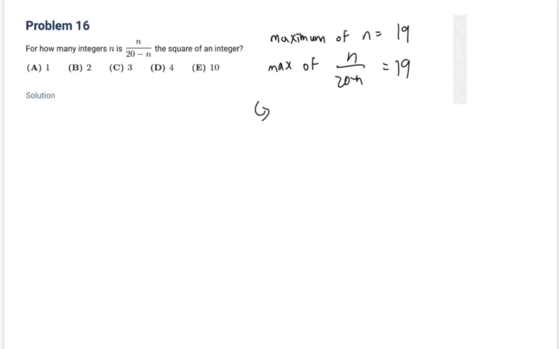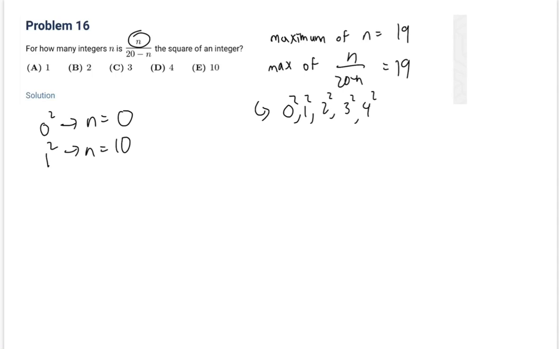So the only possible things that n over 20 minus n could be is 0 squared, 1 squared, 2 squared, 3 squared, or 4 squared. Okay, so first 0 squared. This is very easy. n just has to be 0. 1 squared, this and this have to be the same, so n equals 10. That would make it 10 over 10.